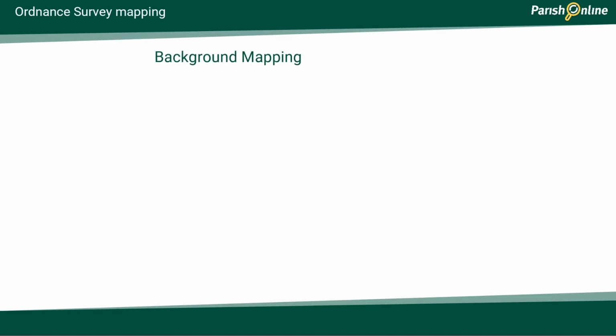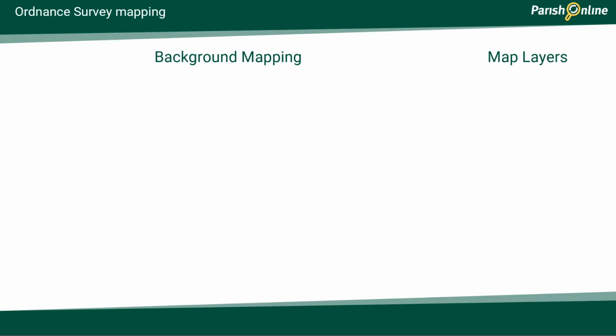Okay, so let's get straight into it. I'm going to carry on within this slide stack for now before we get into software, because it's useful to explain what's going on in the background. In Parish Online there are two types of mapping datasets that we get from Ordnance Survey.